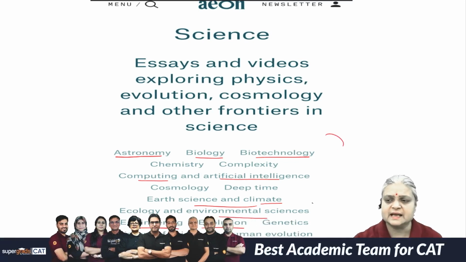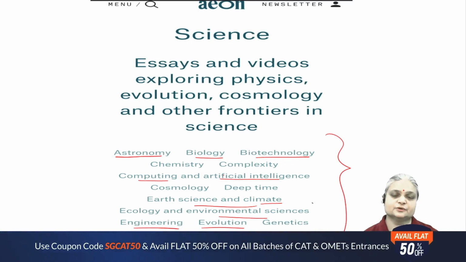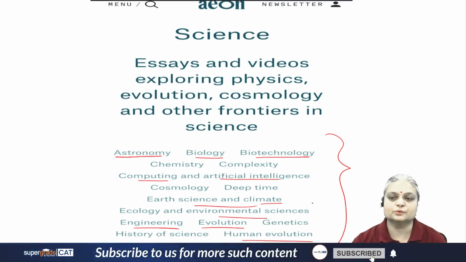You have an array of all these topics. You can just click on one of them and you'll have multiple essays or videos pertaining to that topic for you. You can pick according to your own choice.